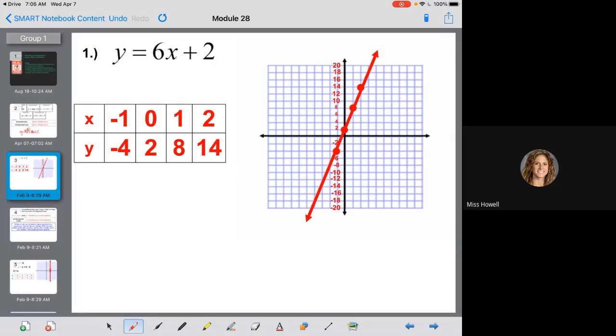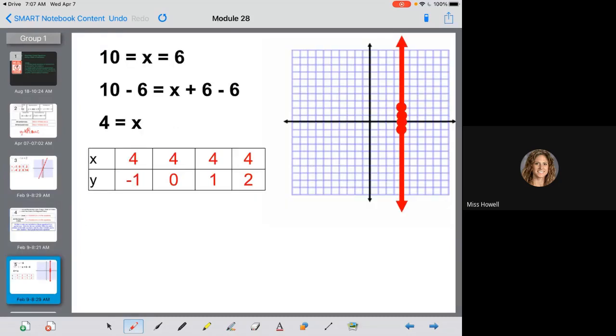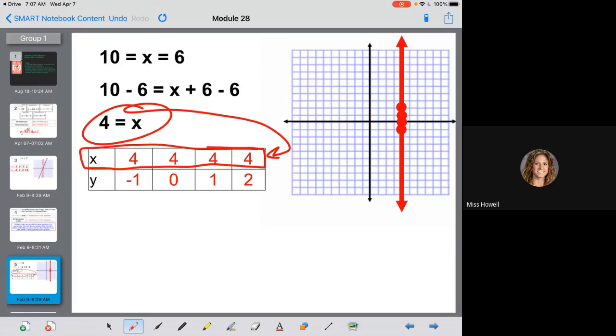And then we looked at our special case lines that are perfectly horizontal and perfectly vertical. These are our lines that only have x's and y's. When there's only an x in our equation, our first step would be to solve for x. Once we know that letter, we know that entire row or column of our table, depending on how our table values is facing.